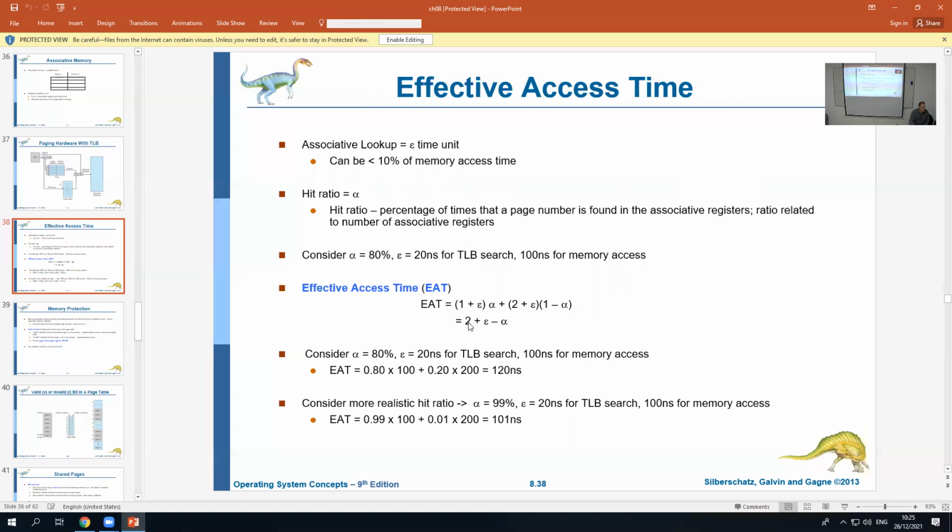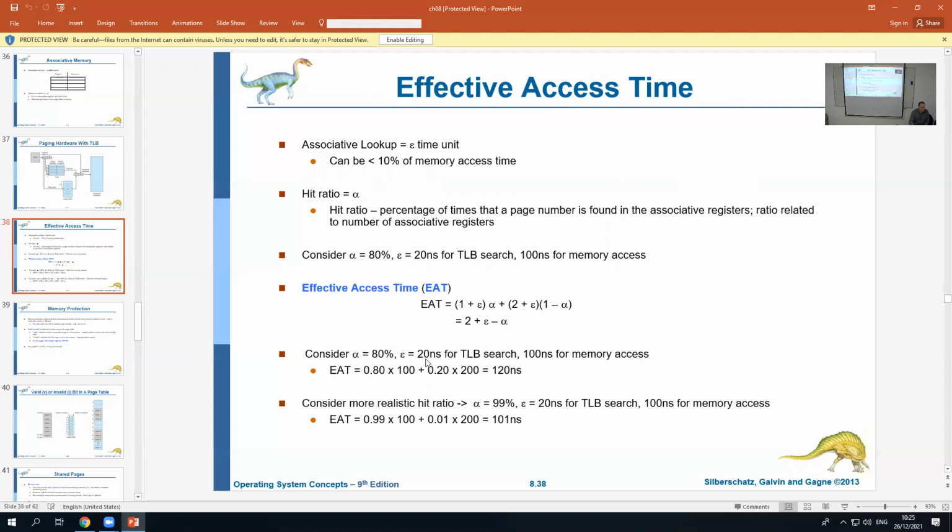It should be 2 times the amount of read time. Where's the read time here? And what is minus alpha? Alpha is 80%, 0.8. So it'll be 2 plus 20 nanoseconds minus 0.8. What are the units here? It's a little bit weird.